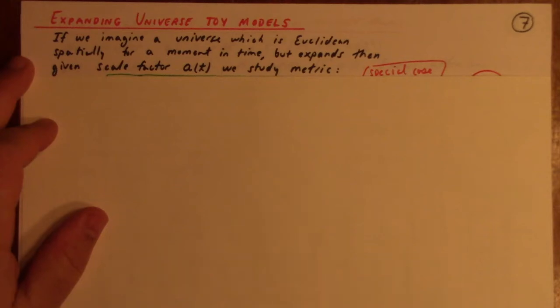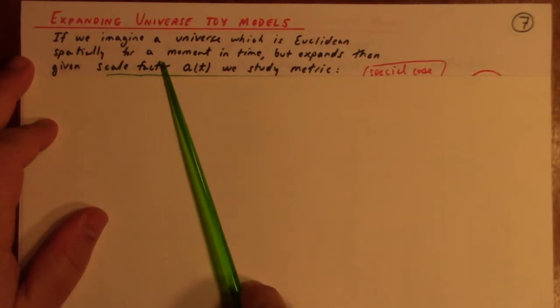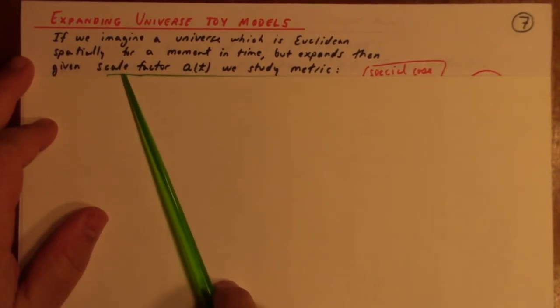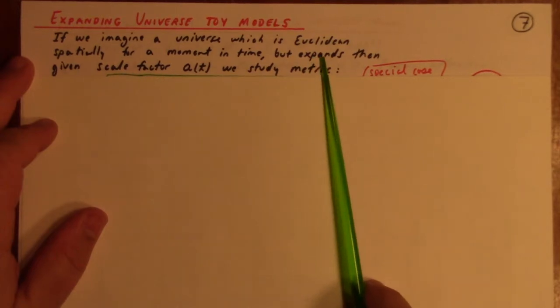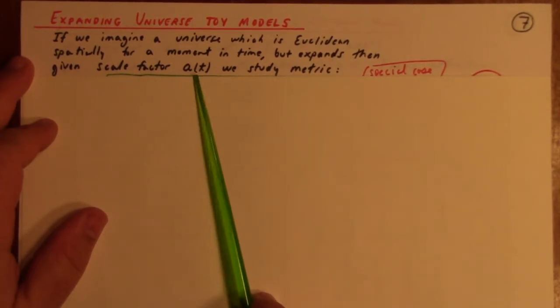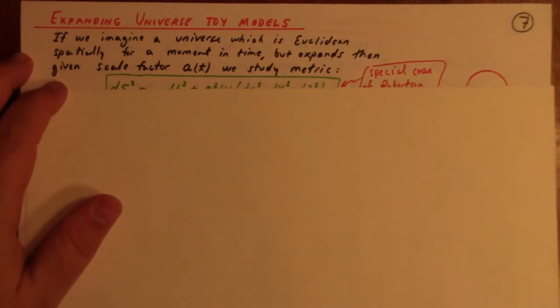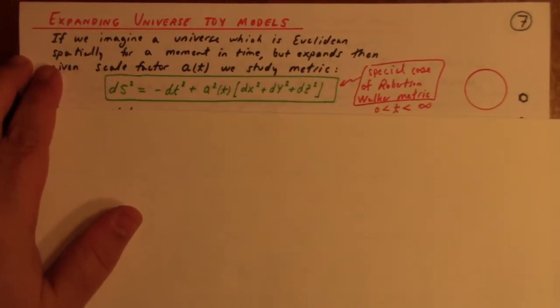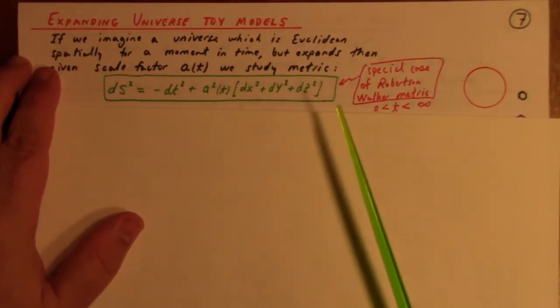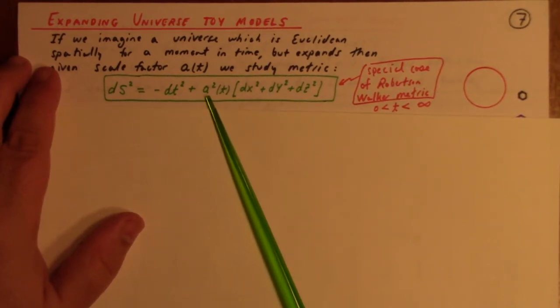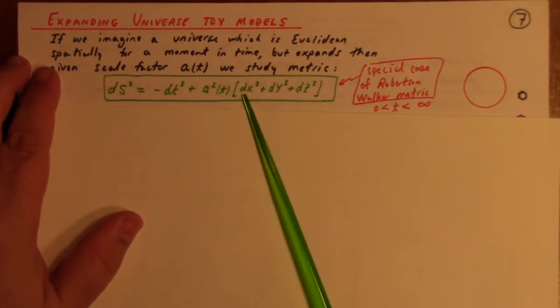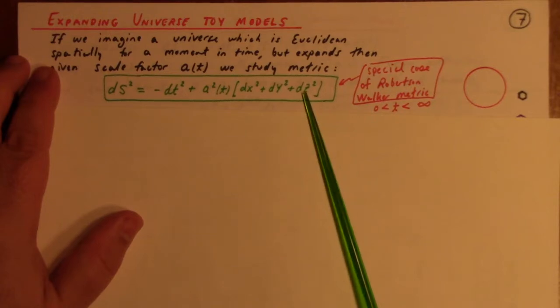So if we imagine a universe which is Euclidean spatially for a moment in time, then given a scale factor a of t, we can study the metric ds squared is minus dt squared plus a of t squared times dx squared plus dy squared plus dz squared.